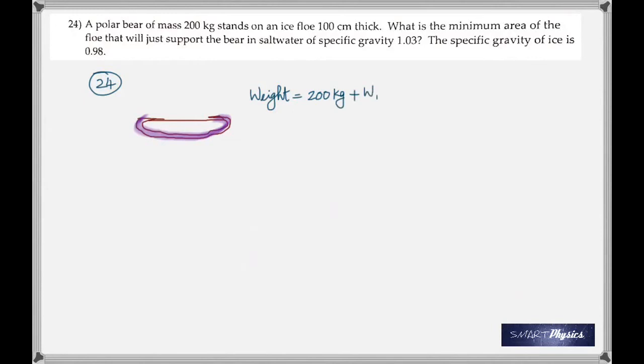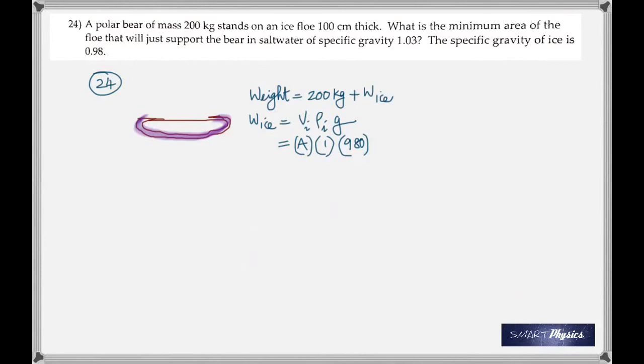The total weight, I must say the total mass, is 200 plus the mass of ice. Okay, weight of ice is Vi times rho i times g. Volume is area times thickness, and the area is unknown, which is what we're trying to find. So A times 100 centimeter, which is 1 meter.